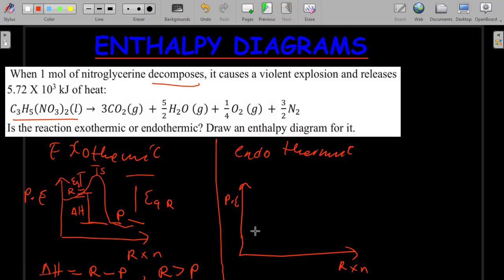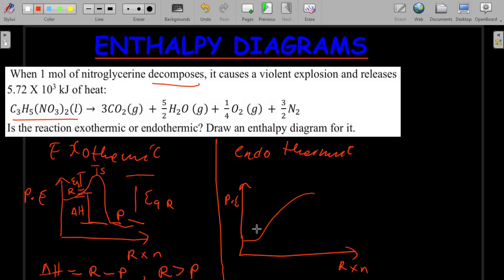But in an endothermic reaction, the reactants will have low energy compared to the products. So we are doing the opposite. In exothermic, we had reactants with greater energy, then the products had low energy.